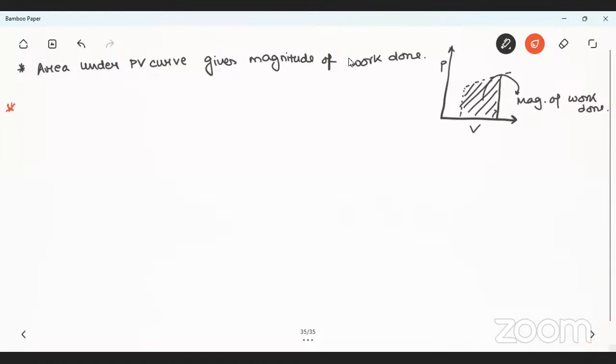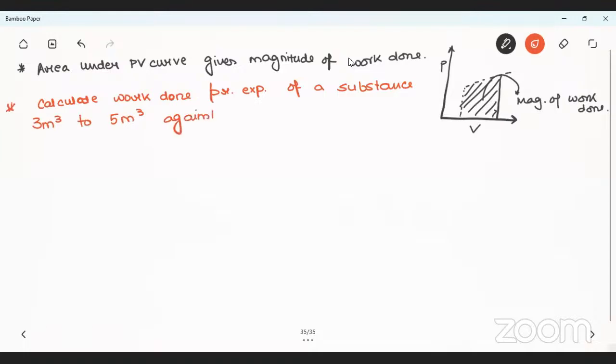So the first numerical: calculate work done for the expansion of a substance from 3 meter cube to 5 meter cube against constant pressure.